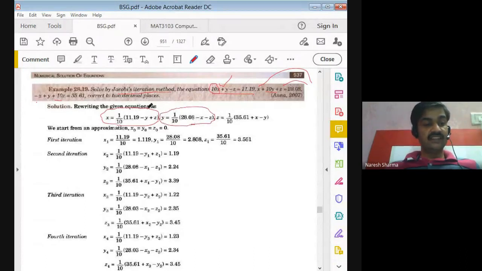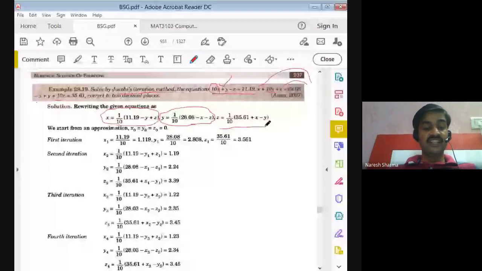Similarly, with x and y on the right hand side, divided by 10, you get the value of z. Now, initially you can put x0, y0, z0, or you say the values of x, y, z equal to 0, on the right hand side.